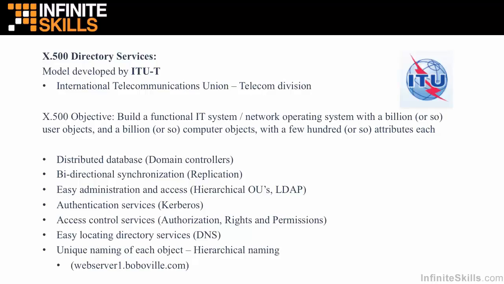And in order to support X.500, DNS will be required because DNS has now been enhanced to include what we call service locator records, SRV records. And these SRV records are the various services that support the X.500 directory databases. The way we locate these domain controllers, if you will, is through DNS. And those domain controllers, of course, provide those directory services.